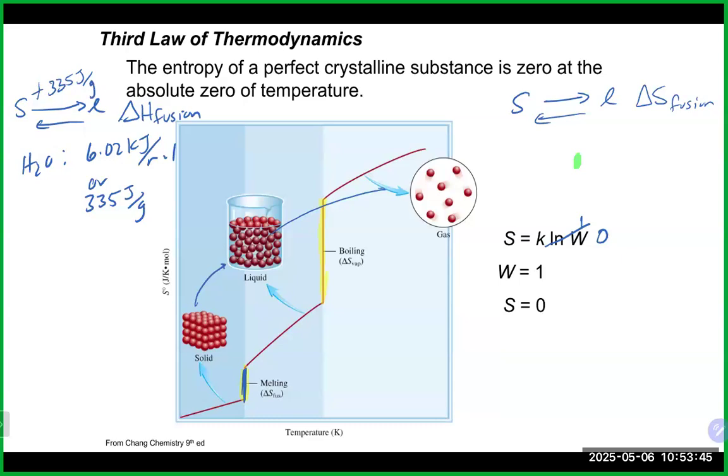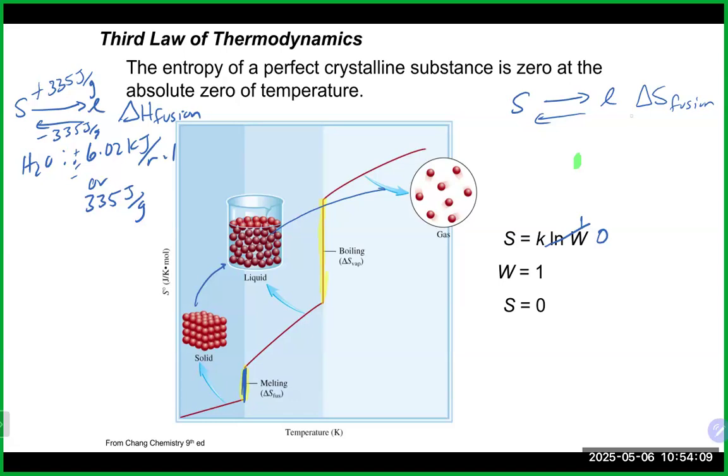And it's an exothermic process as you go from liquid to solid. You have to release that energy. Everybody will slow down because they lost the energy, and they basically will come together in a solid. That's a negative 335 joules per gram, or obviously a positive or negative 6.02 kilojoules, if you want to use it per mole.